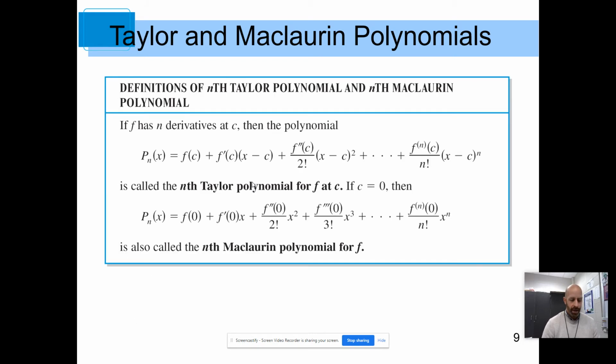So you'll see, in fact, I'm going to start with the one on the bottom. The nth Maclaurin polynomial for the function f is p sub n of x equals f of 0 plus f prime of 0 times x plus f double prime of 0 divided by 2 factorial times x squared, all the way through the nth derivative of the function at 0 divided by n factorial times x to the n.